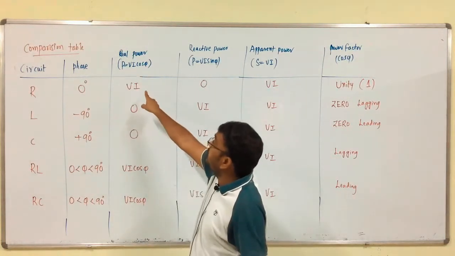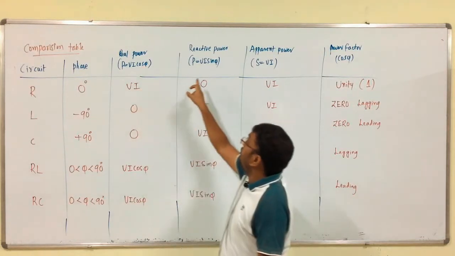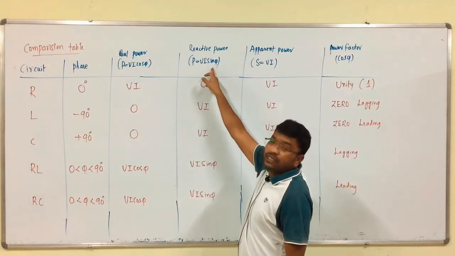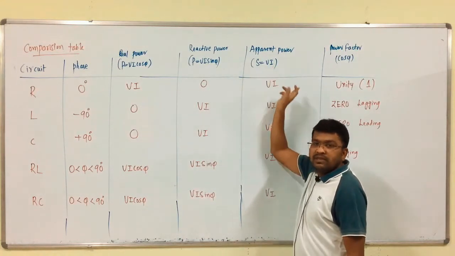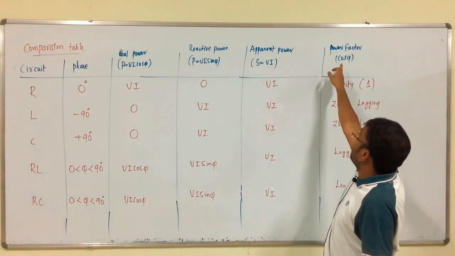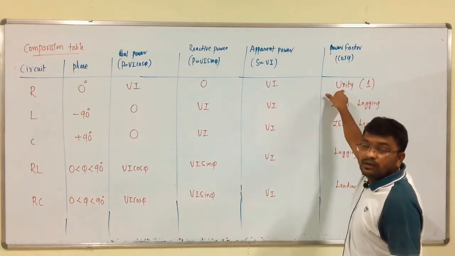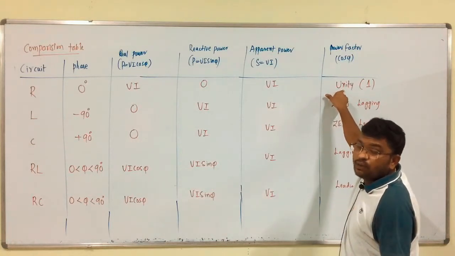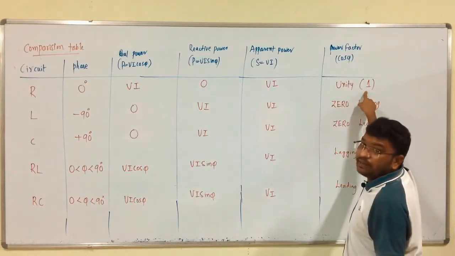Then the real power is V I cos 0, which is V I. Reactive power is V I sin 0, which is 0. Apparent power is simply V I. The power factor is unity, because phi is 0 and cos 0 is 1.